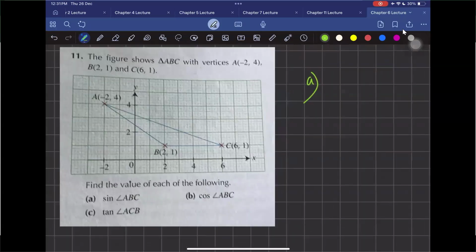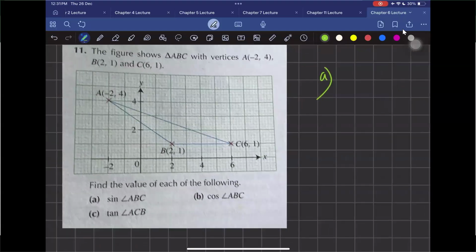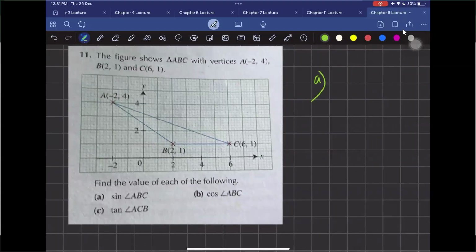In this case, this is very similar to coordinate geometry. The question is asking you to find sine ABC, cos ABC, and tangent ACB.